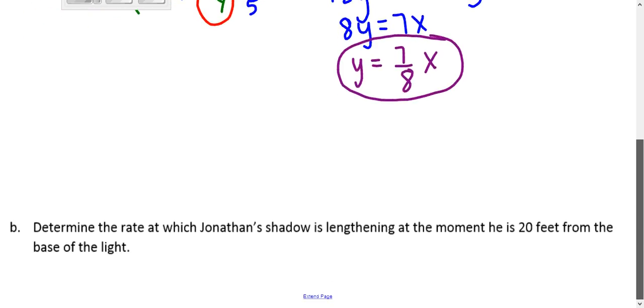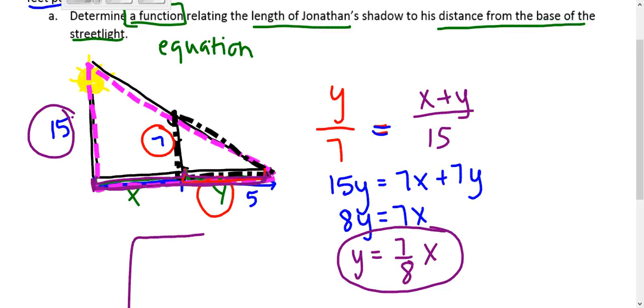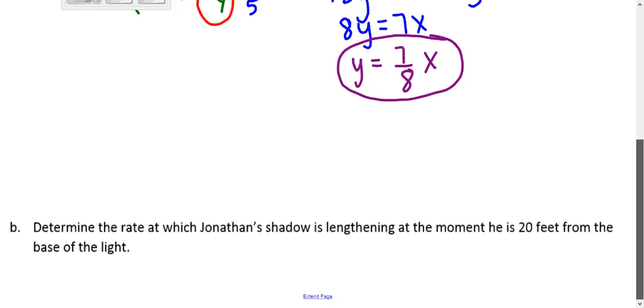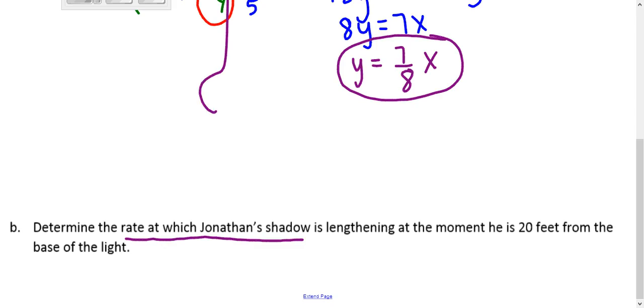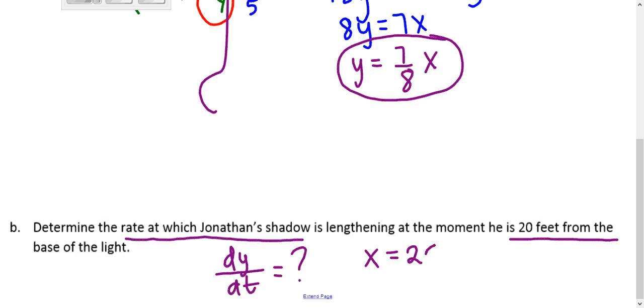Because the second part of this says determine the rate at which Jonathan's shadow is lengthening at the moment when he is 20 feet, so x equals 20. The shadow has to do with y, so we need to figure out dy dt.